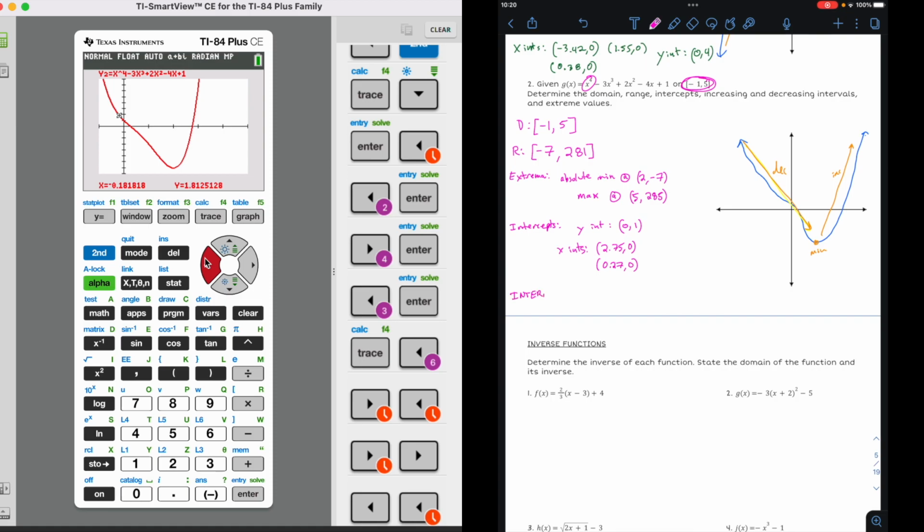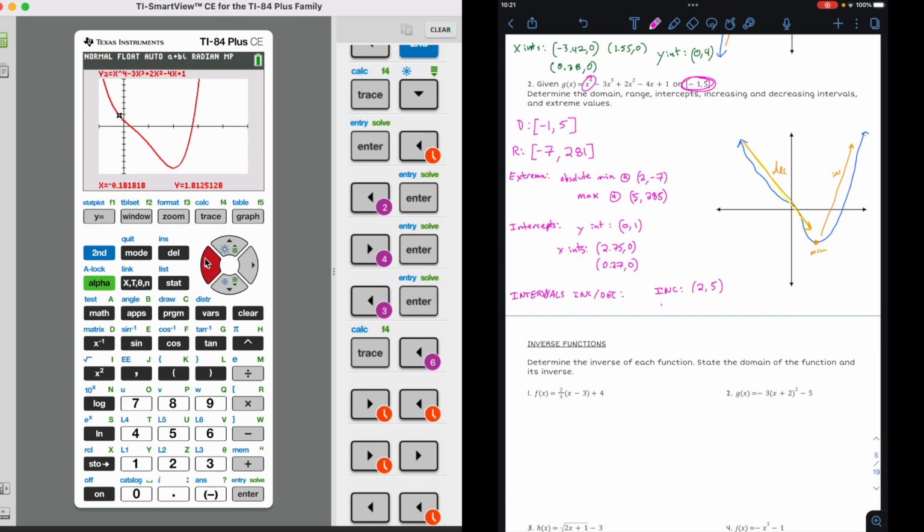So we say our intervals, remember those are x intervals, increasing and decreasing. So we're going to say increasing from that maximum to, so coordinates at max are 5, to the end of our domain. Oh wait, not our maximum, our minimum.